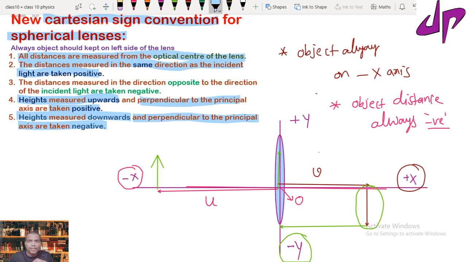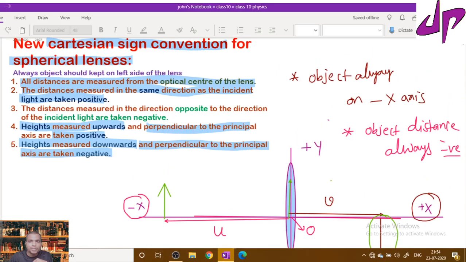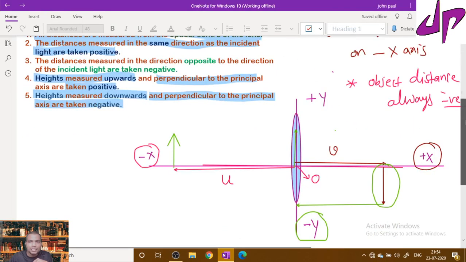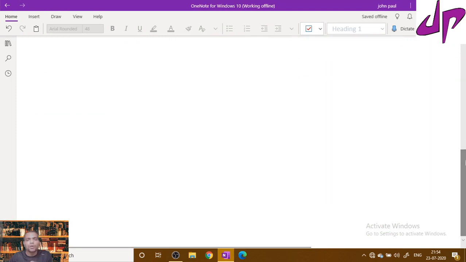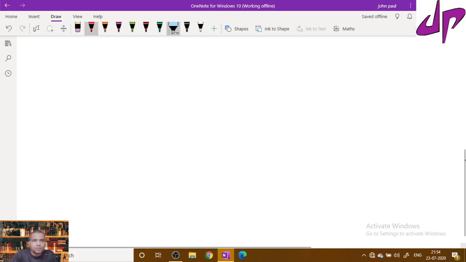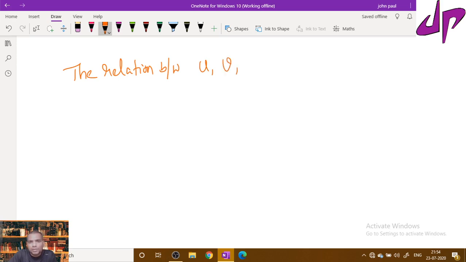Now we can find the relation between object distance, image distance and focal length. If we write the relation between u, the object distance, v, the image distance, and the focal length f for a lens, we can write 1 over f equals 1 over v minus 1 over u.